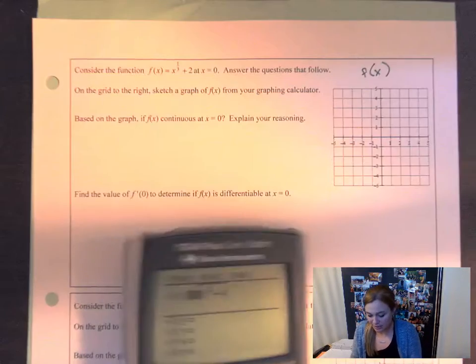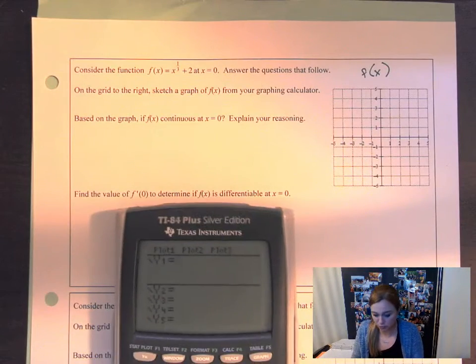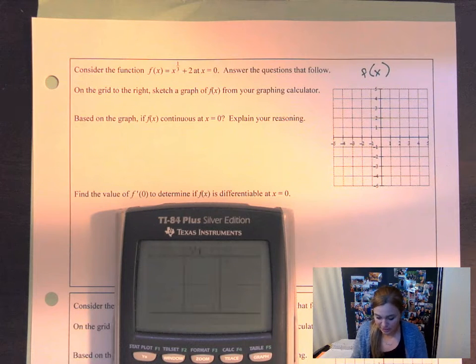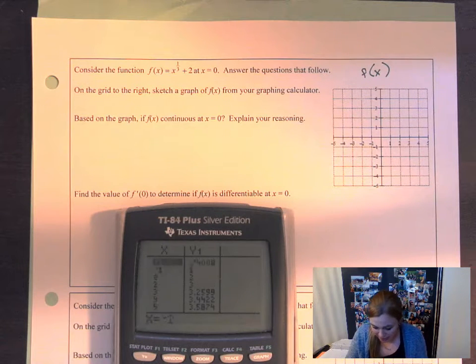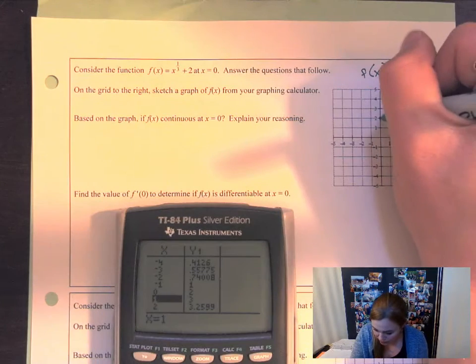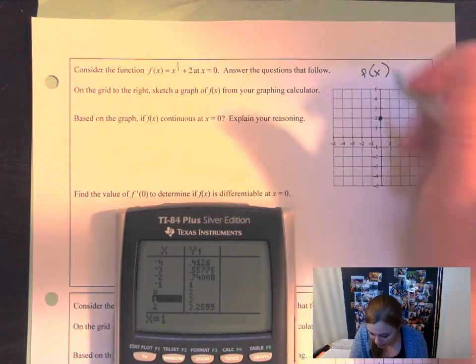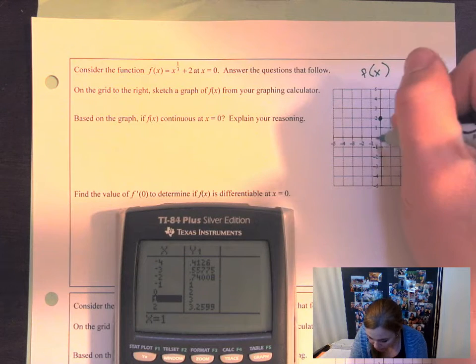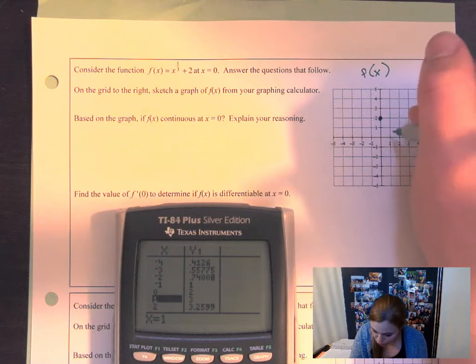To plot this, I'm going to say this is y1, and I'm going to say x to the 1/3 plus 2. Go to my table. I've got lots of values. At 0, 2. At 1, 3.